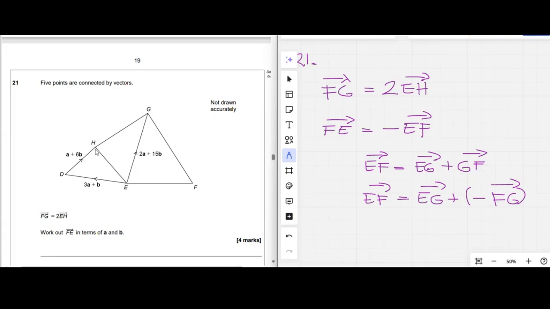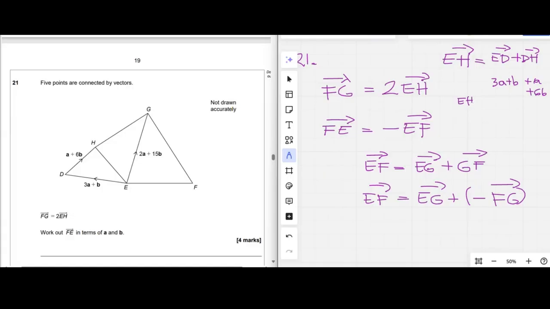Let's see EH. EH is ED plus DH. Yeah, to go from E to H, we can go from E to D and then from D to H. And this is where our letters come in. So that's 3a plus b plus a plus 6b.